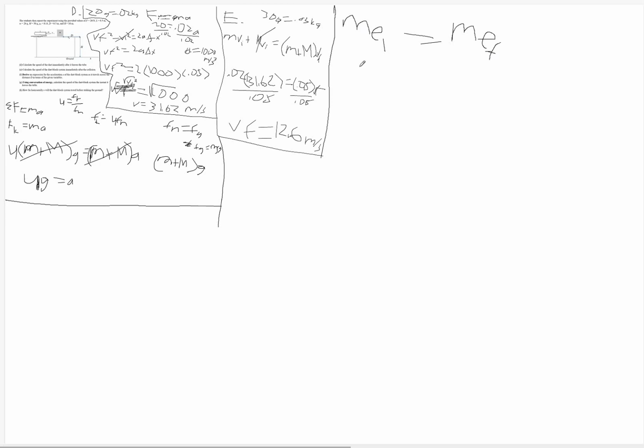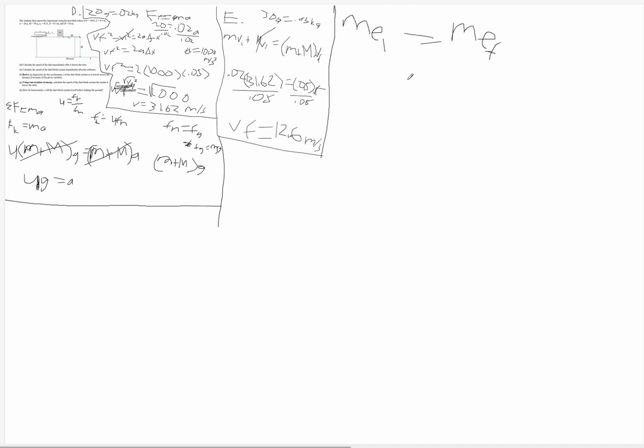Energy stays the same from initial to final. But if we look at the system right now, it's only moving in a horizontal direction. So there's no potential energy, since potential energy is mgh and requires height. Since it's only horizontal, it's only kinetic energy.